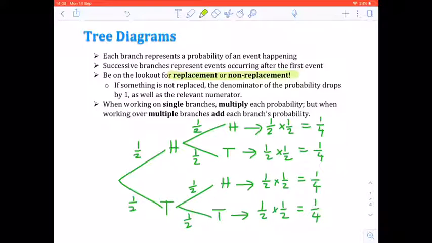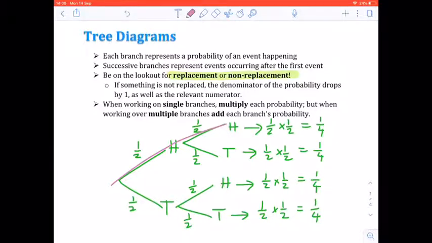So if something is not replaced, the denominator of the probability drops by 1 because there's less in that bag, and the relevant numerator drops by 1 because if you've removed one red marble, there's going to be one less red marble the next time you draw a marble from the bag. As I've said, when working along one route, we use multiplication.